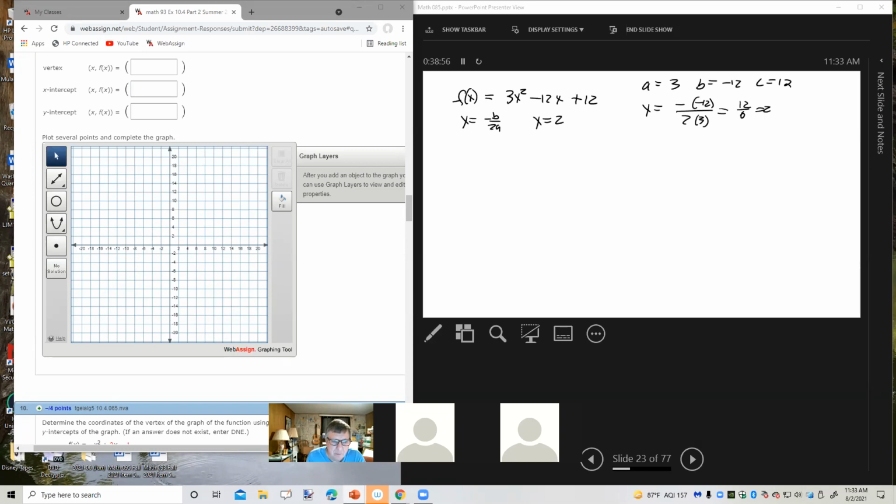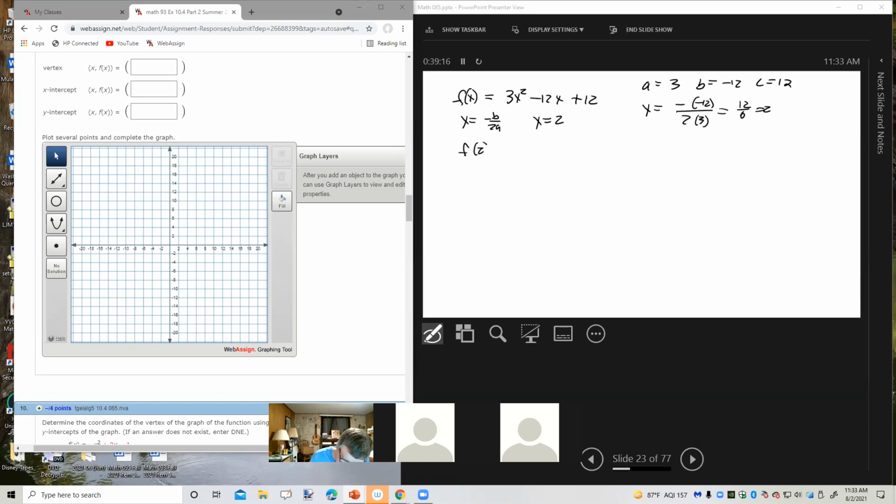Now, again, if we were graphing on a regular sheet of graph paper, we would put a vertical line at x equals 2. We're not doing that on WebAssign, but that's what it would look like. Okay, so now how do I find the corresponding y value?